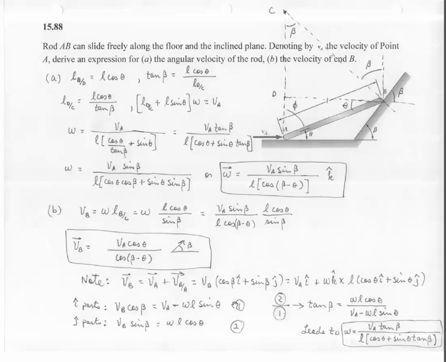If I call that equation 1 and this equation 2, and take 2 and divide by 1, the left-hand side simply becomes tangent beta, and the right-hand side becomes omega L cosine theta divided by V sub A minus omega L sine theta. When you simplify that down to solve for omega, you get an expression that looks like this, which is exactly what we had up here.